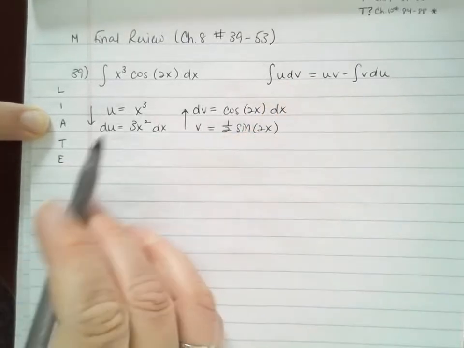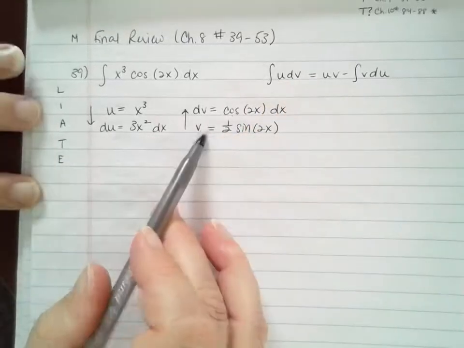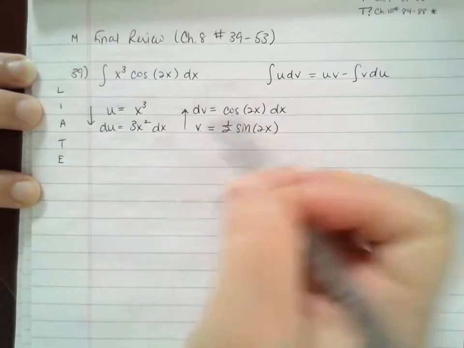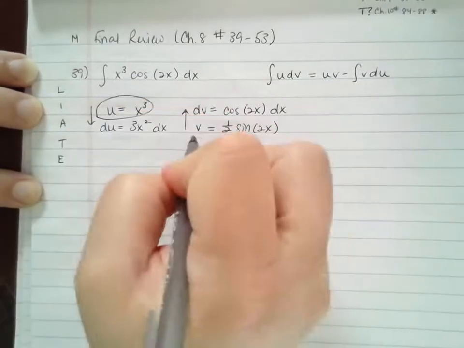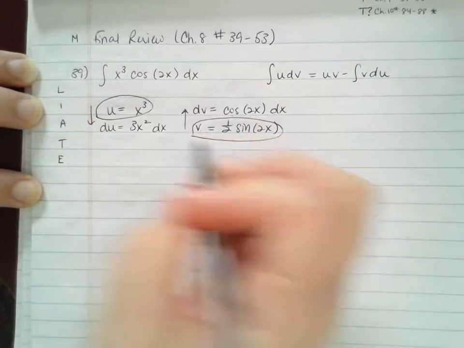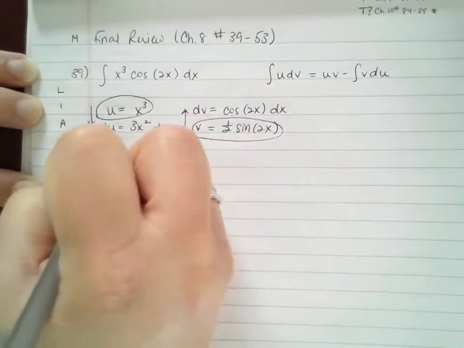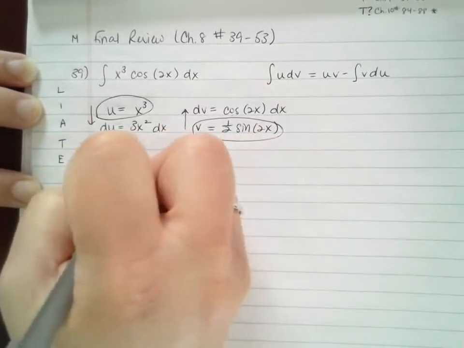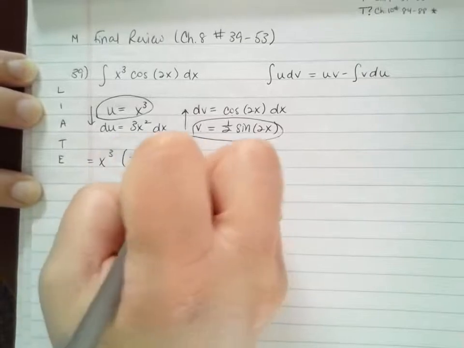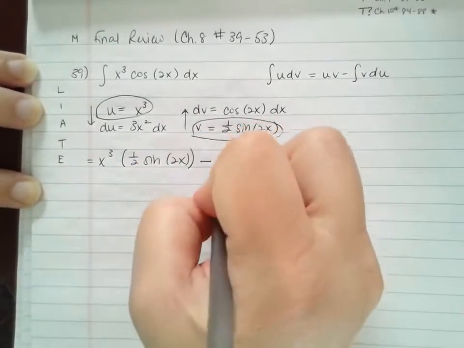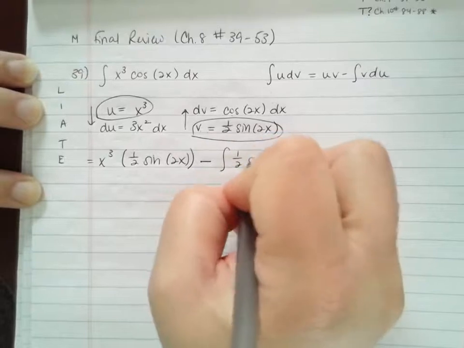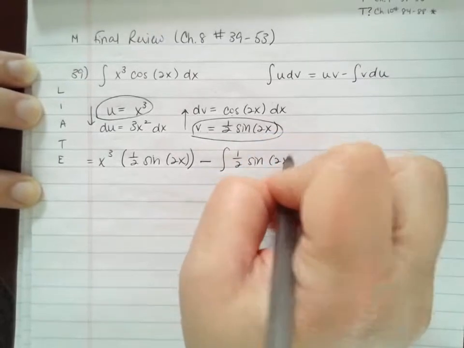Alright, so the parts that we're going to use for this, we're going to use our u and our v first, minus the integral of v du.